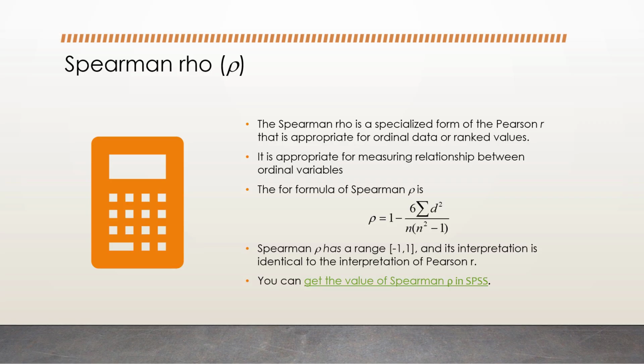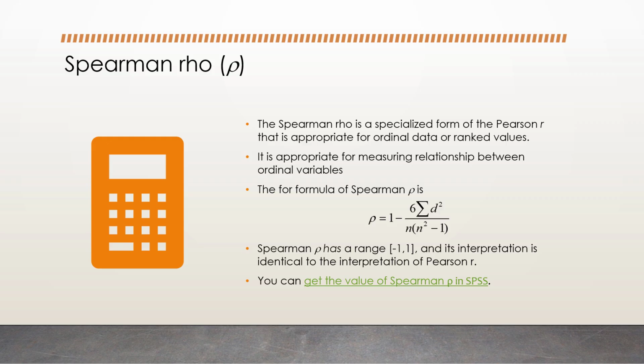One is Spearman's rho. The Spearman's rho is a specialized form of Pearson's R that is appropriate for ranked values. In other words, it measures relationships between ordinal variables. I've provided the formula for Spearman's rho here for your reference. You can easily obtain Spearman's rho in SPSS.